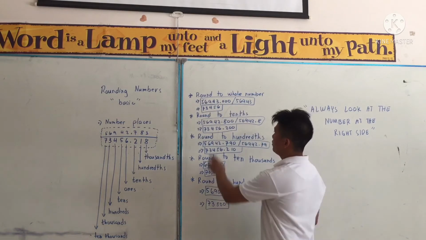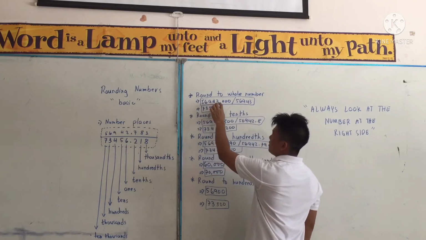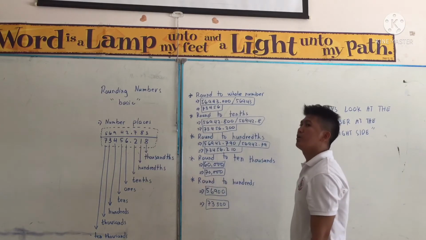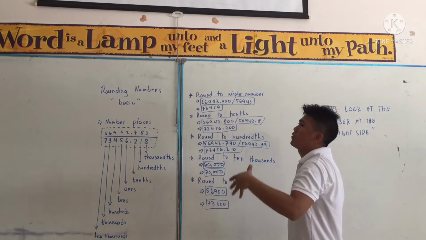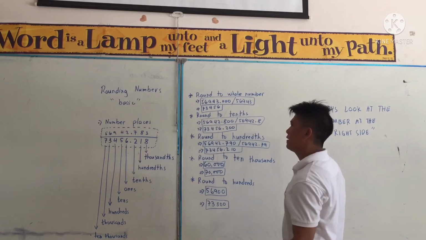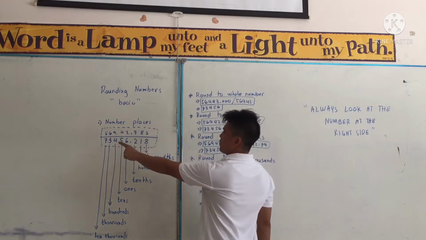The 2 here is changed to 3 because it is rounding off to whole number. Sometimes the instruction is round off to ones digit, but the common is round off to whole number.